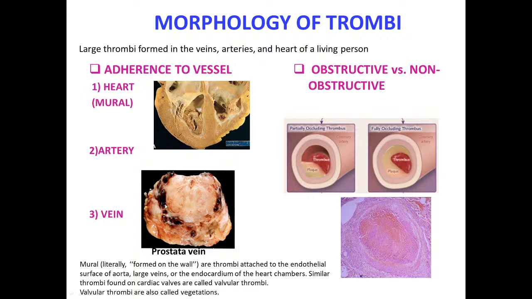Mural thrombi, literally formed on the wall, are thrombi attached to the endothelial surface of the aorta, large veins, or the endocardium of the heart chambers. Similar thrombi found on cardiac valves are called valvular thrombi. Valvular thrombi are also called vegetations.